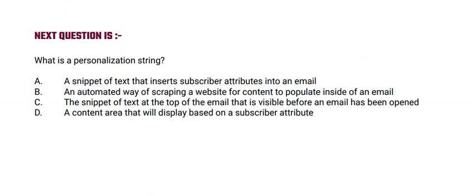Option C, the snippet of text at the top of the email that is visible before an email has been opened. And option D, a content area that will display based on a subscriber attribute. The correct option is option A.